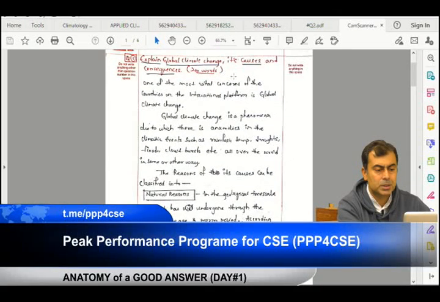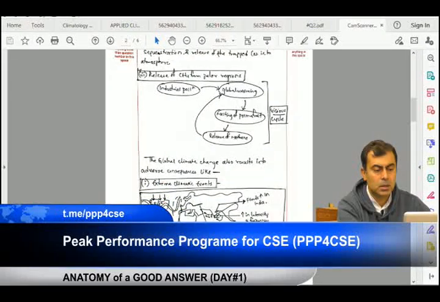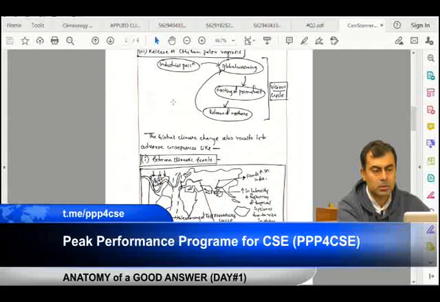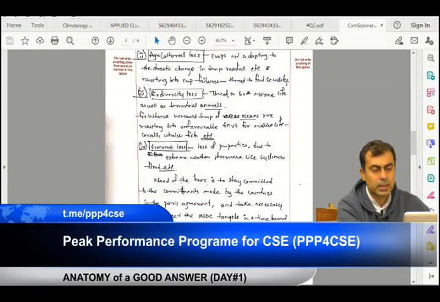Explain global climate change, its causes. So one of the most vital concerns is this: global climate change is a phenomena. It has natural reasons, it has anthropogenic reasons, and then there is a diagram into that, and there is a cycle also the person has explained, and then it goes into the end. The need of the hour is to stay committed. So something has been written more on this.